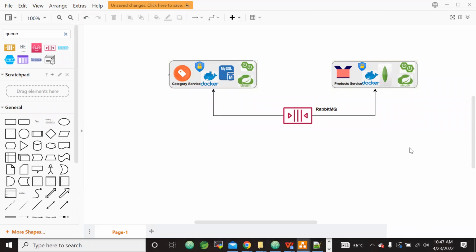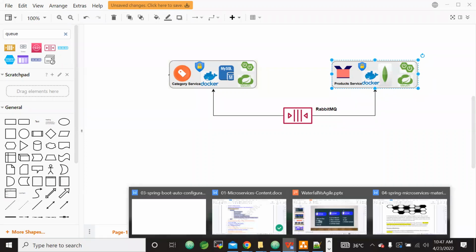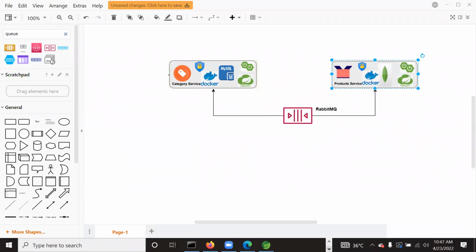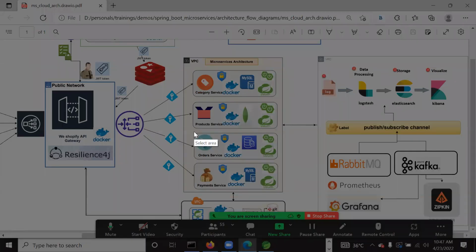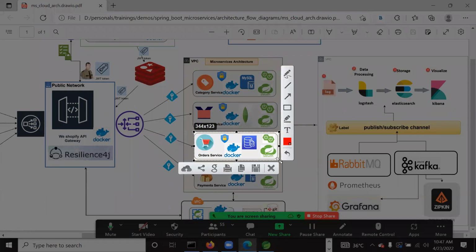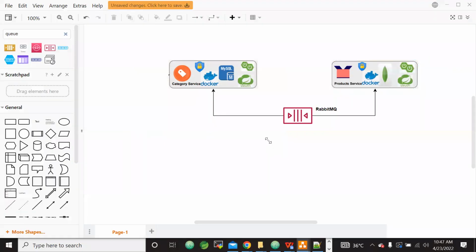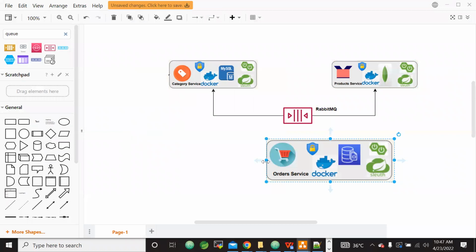Okay. Now this is pretty clear. Category service updates are coming to this product service. Assume we need one more service also, where category updates are required. Assume the order service. So directly, orders can also be placed based on the categories that were chosen.